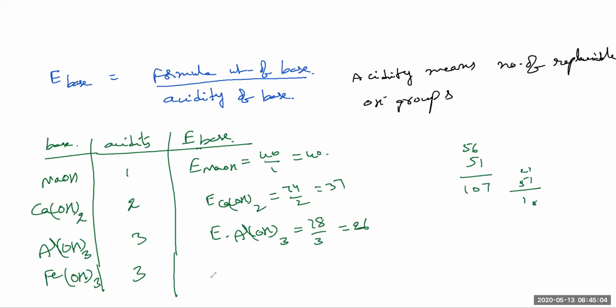So equivalent mass of Fe(OH)3 is equal to how much? 107 by 3, that is 35.6.